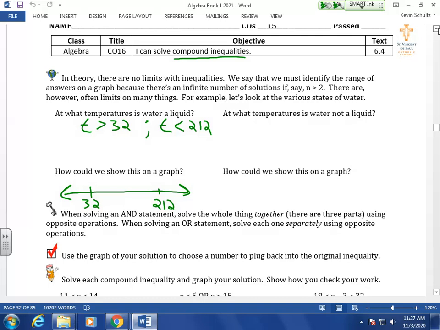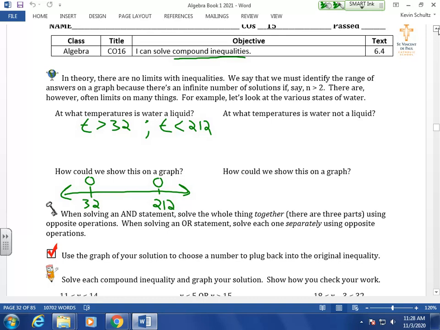Now, for the temperatures at which water is a liquid, at 32 degrees, is it going to be an open circle or a closed circle? Open circle. Because at 32, it's not a liquid. At 32, it turns to ice. And the roads get very interesting. How about at 212? Open circle or closed circle? Open. Because at 212, it turns to steam, and you know that your pot of water is ready for your macaroni and cheese.